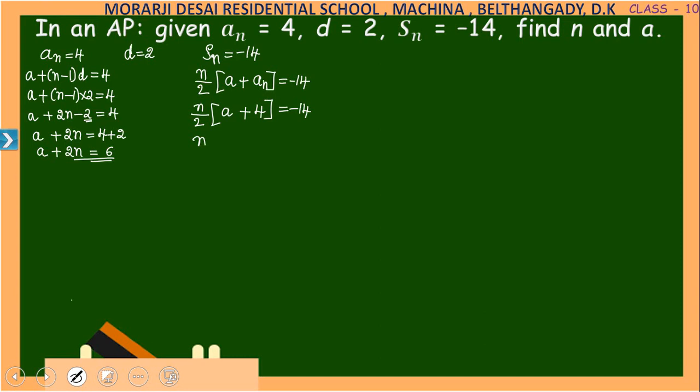You can take 2 to the RHS, so that n into a plus 4 is equal to minus 14 into 2. That is n into a plus 4 is equal to minus 28.